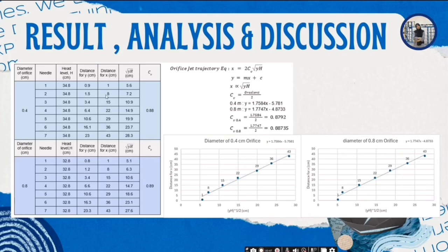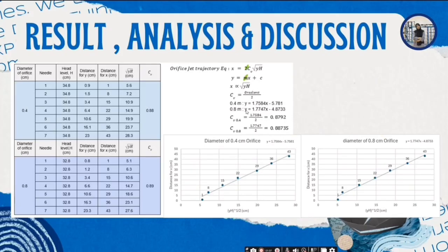By theory, the orifice trajectory equation is x equals 2Cv √(yh). This formula is similar to the linear equation y equals mx plus c. So by comparing both of these, we know that x is directly proportional to √(yh). So we can find our coefficient of velocity by dividing the gradient m by 2.